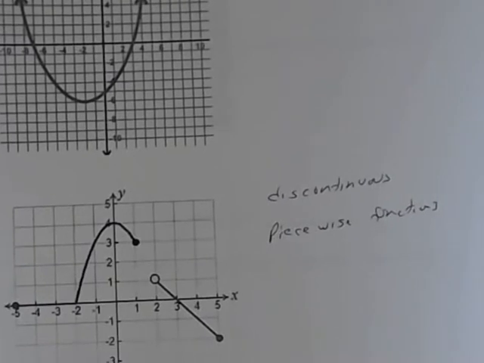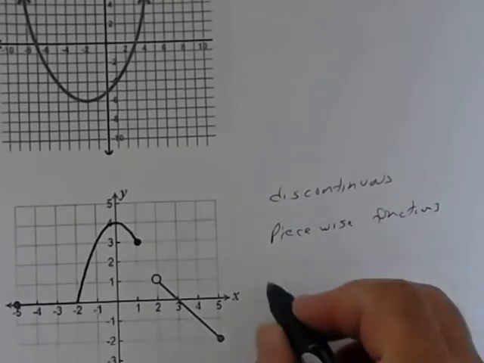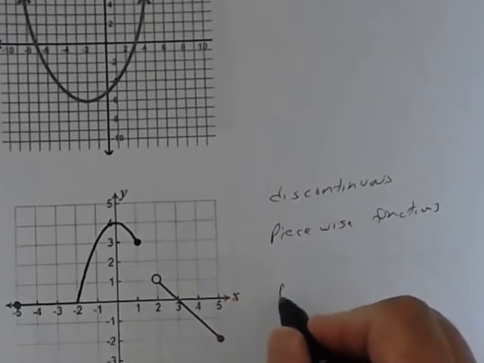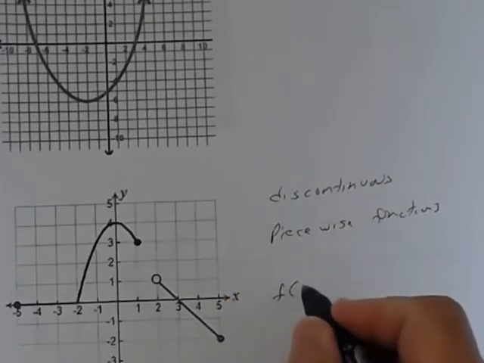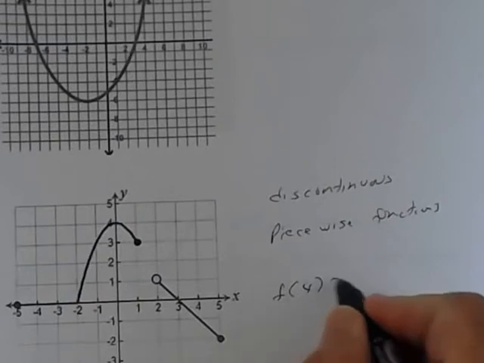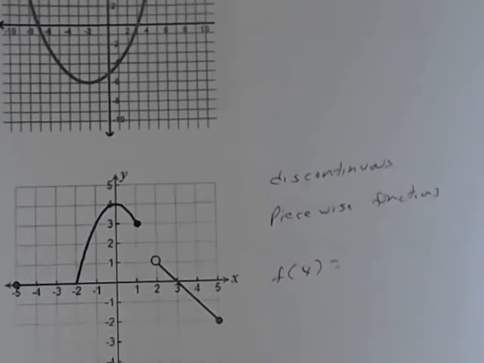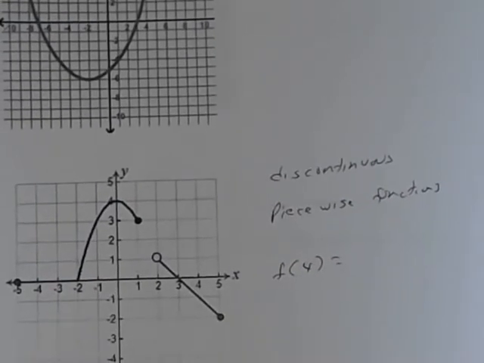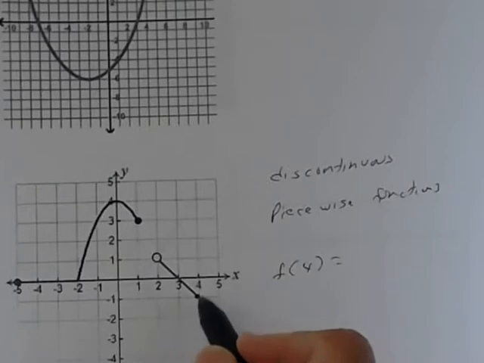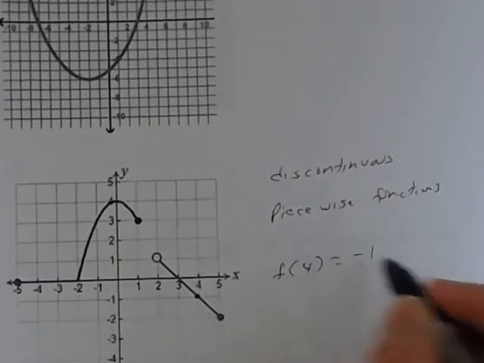All right, now for this one here, let's say this is f of x, what is f of 4? Look at this graph. What's f of 4, do you think? Can you see it from there? Right here, right? So when x is 4, what's my y value? -1.